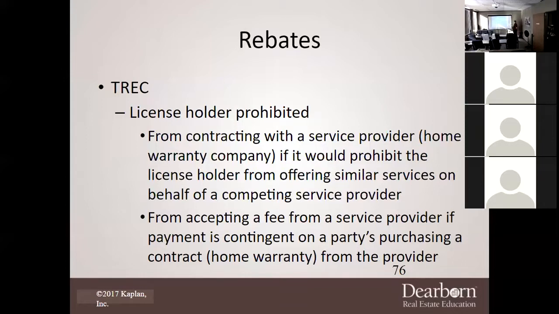It is actually prohibited by TREC, and if TREC finds out, you can lose your license. Okay, you cannot force somebody to use a home warranty company. It's against the law. If you are getting any fees or kickbacks from this, it can not only jeopardize your license, but also jeopardize the loan, because the loans are regulated by RESPA, and it could actually cause issues with the loan overall.